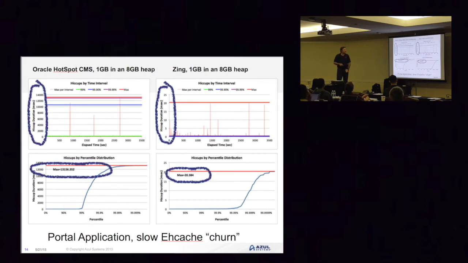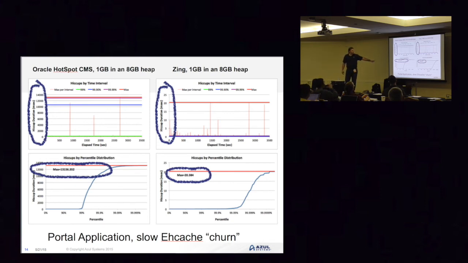If you zoom in on the Y-axis, this is a 1 gigabyte live set in an 8 gigabyte heap. So we're not talking really big; 8 gigs is actually pretty normal for a heap. Worst case latency of 13 seconds. And on the right, running Zing, the same portal application, worst case 20 milliseconds.